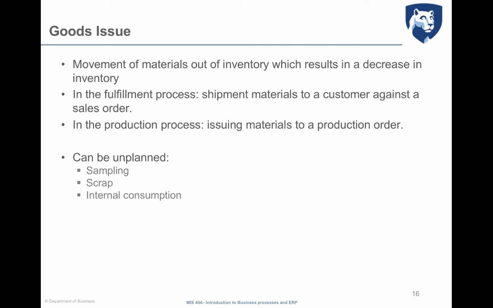You can register a goods issue even if you don't have a sales order or an order document as a reference, because there can be unplanned goods issue cases, like sampling of product, scrap, or internal consumption informally requested, without a formal sales order, for example when the request comes from another plant or another company within the same group.